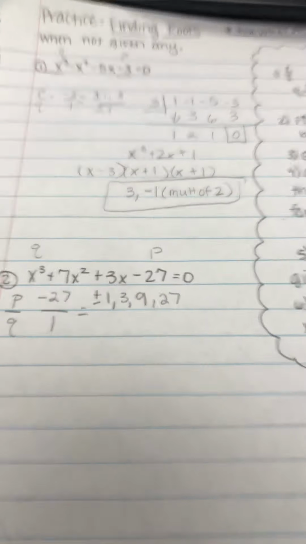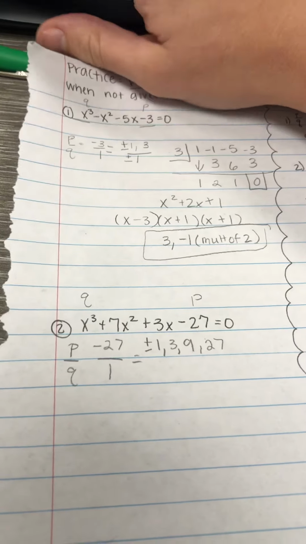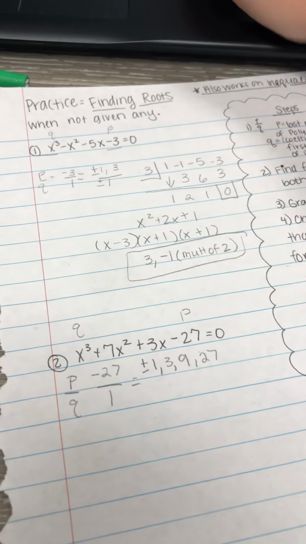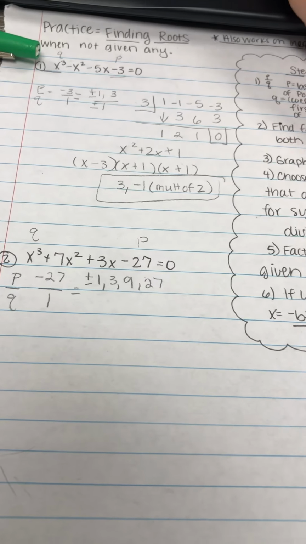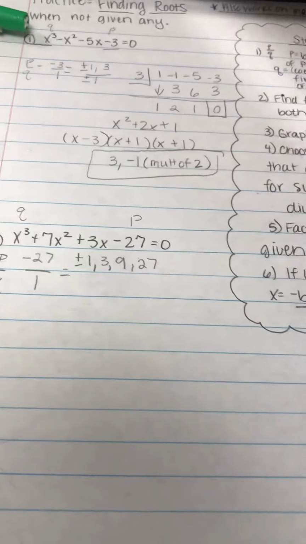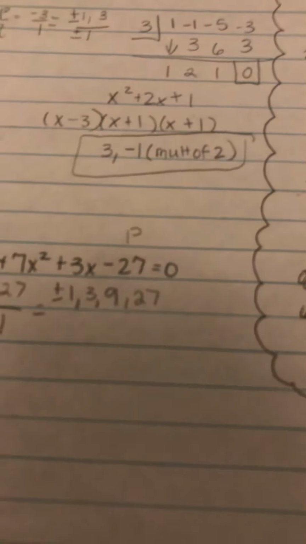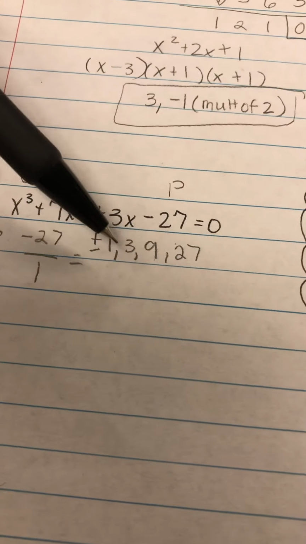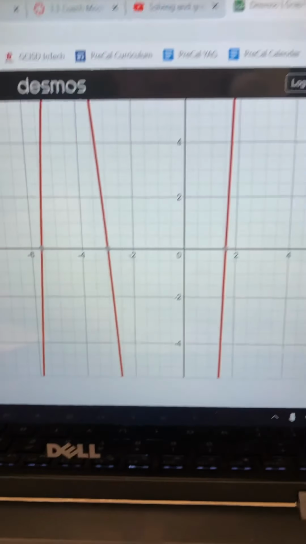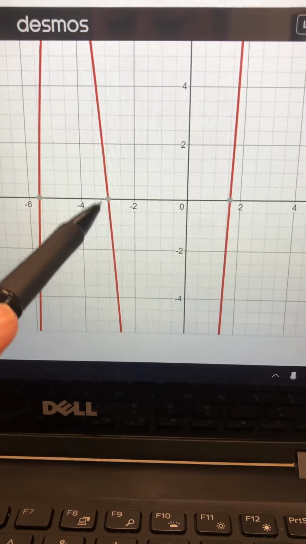So from here, I'm going to go ahead and graph it. We've got x cubed plus 7x squared plus 3x minus 27, and I'm using Desmos. You can use any kind of graphing calculator to graph it. Once I graph that, I'm looking for a positive or negative 1, 3, 9, or 27. So out of all of those, the only one I see is negative 3.